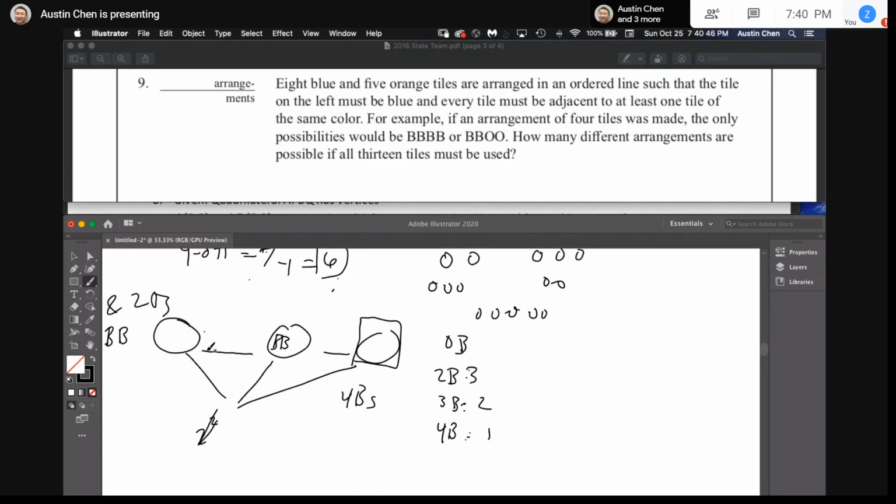So okay, a better way to think of it is how many B's are in the first circle. Let's say in a zero blue case, you can have either 0, 1, 2, 3, or 4, right?